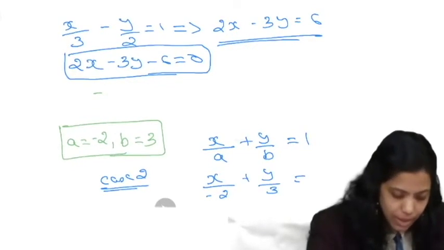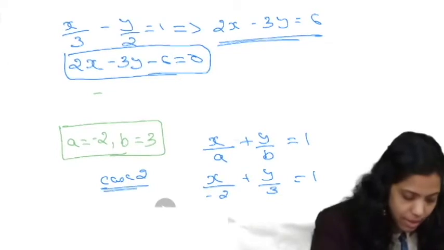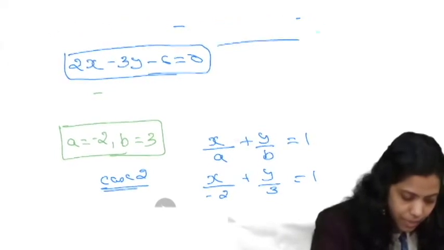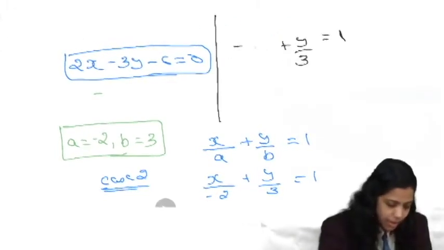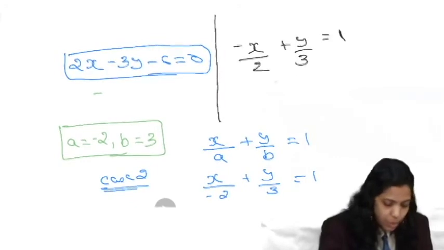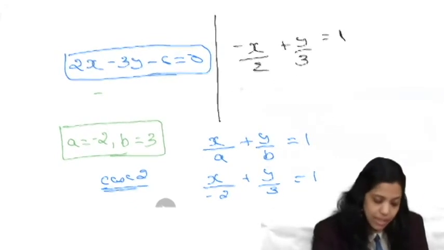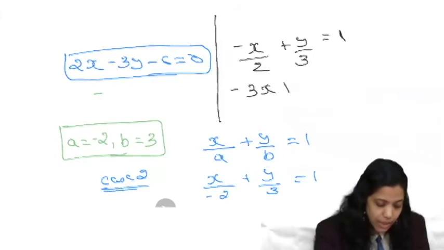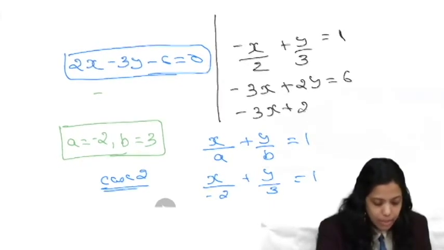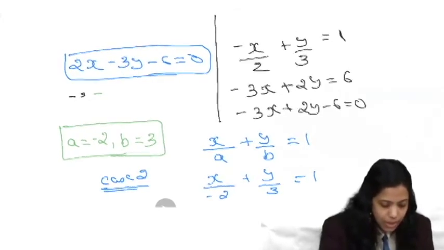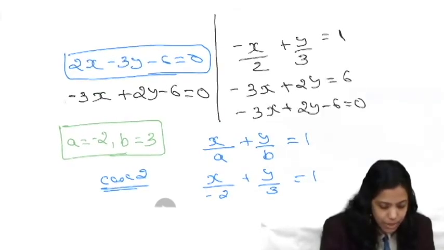So negative x by 2 plus y by 3 equals 1. Here the LCM again is 6. So negative 3x plus 2y equals 6, or negative 3x plus 2y minus 6 equal to 0.